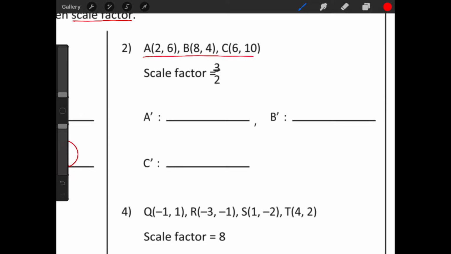All of my coordinates A, B, and C are whole numbers, and my scale factor is a fraction, and this messed up in formatting a little bit, so it is 3/2. So I'm going to make all of my coordinates fractions by putting them over the number 1, because if you divide by 1, it stays the same.